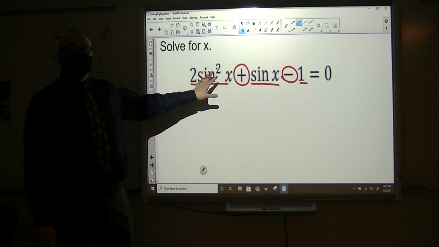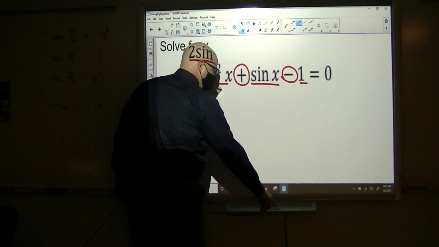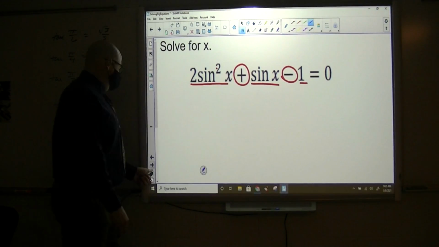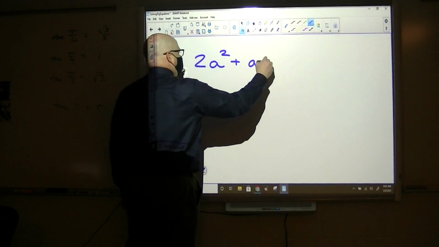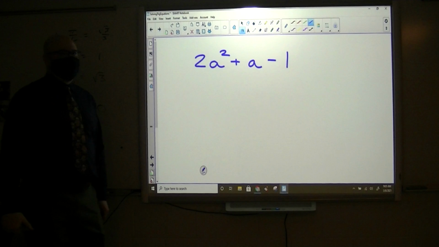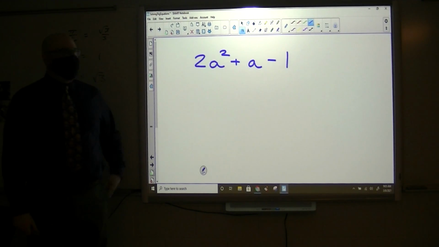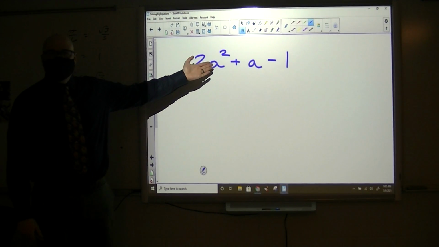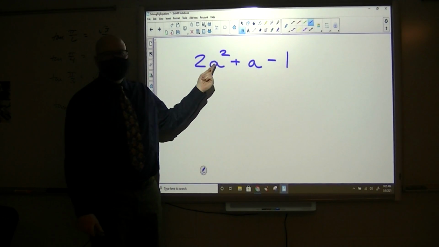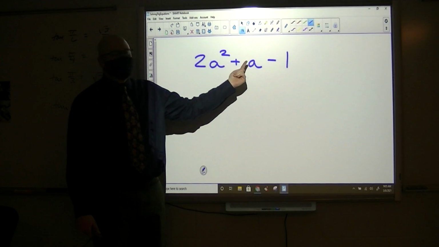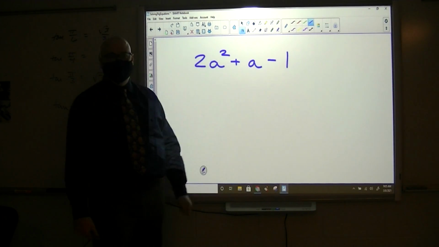So a problem that looks like this isn't really different from that. Something squared, a floating constant in the back, and that thing that's being squared, not squared in the middle, right?